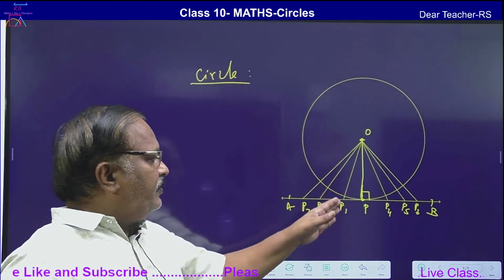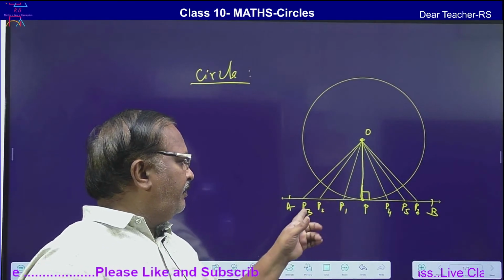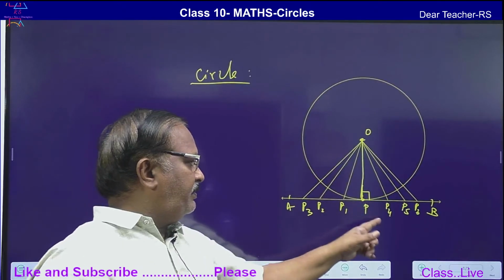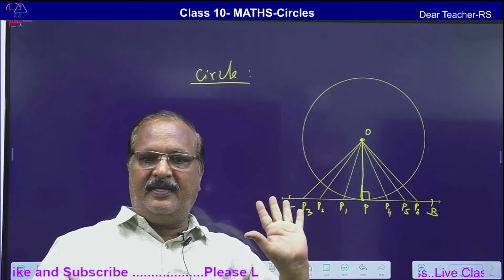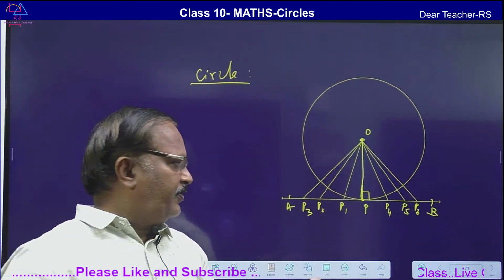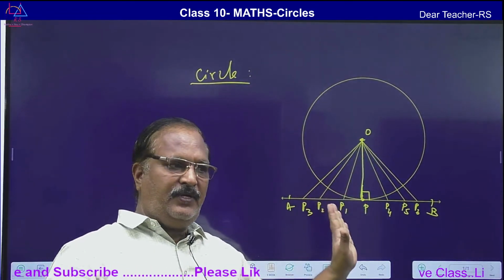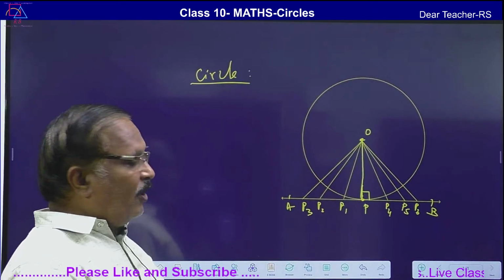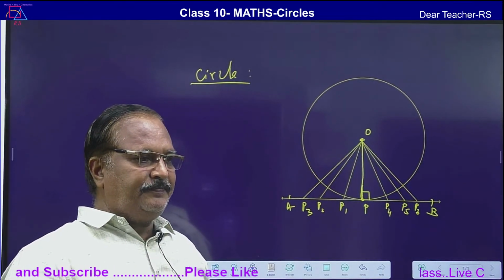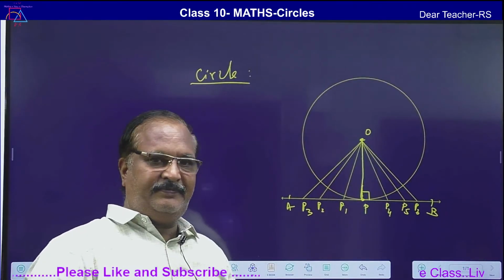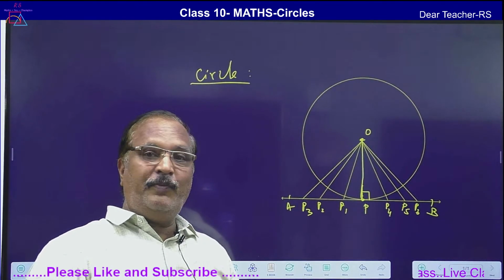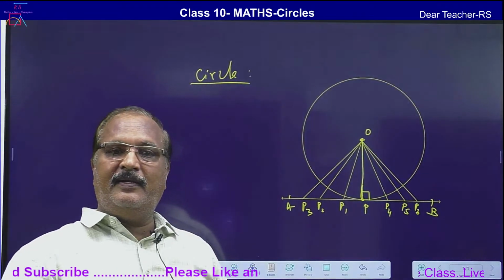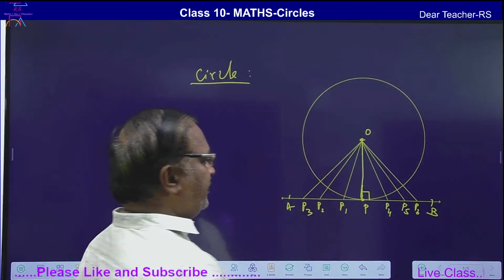Now, if you consider P, P1, P2, P3, P4, P5, P6, there are how many points? 6 and 1, 7 points are there. You can have any number of points. In this figure, there are only 7 points. How many points are there on the circle out of 7? How many points are there on the circle? Only 1 point.